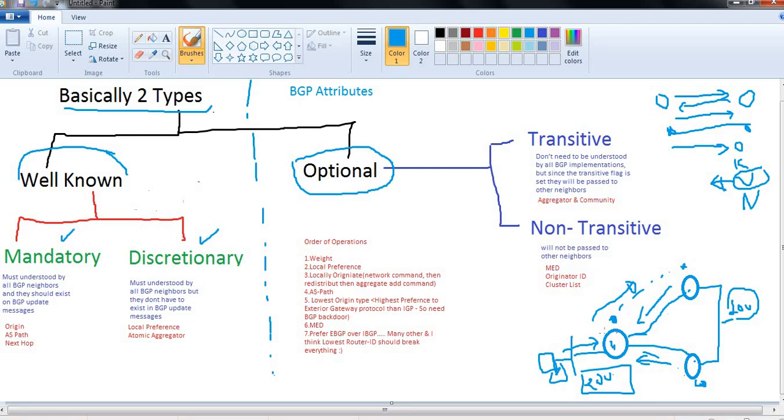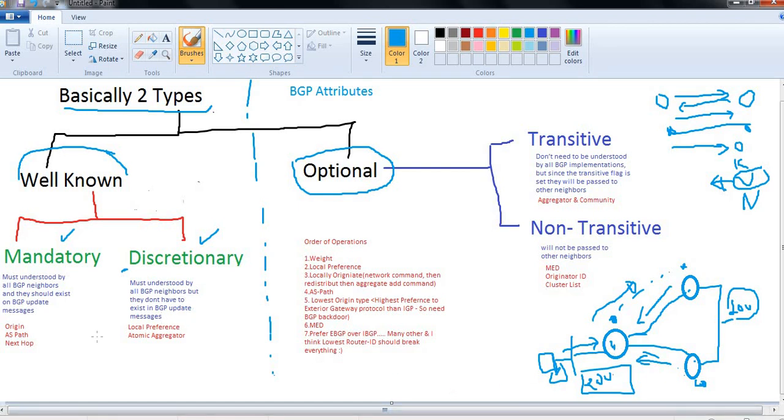Let's carry on with the discretionary attributes. The discretionary attribute must be understood by all BGP neighbors, but it doesn't have to exist in BGP update messages.